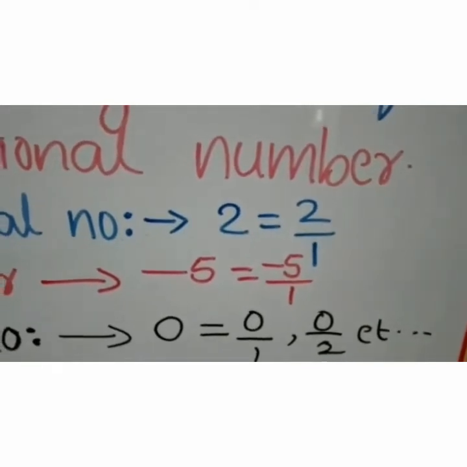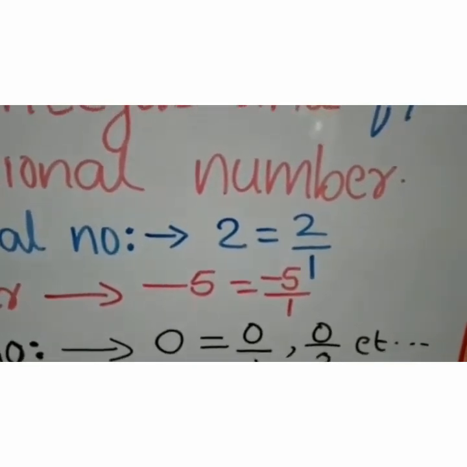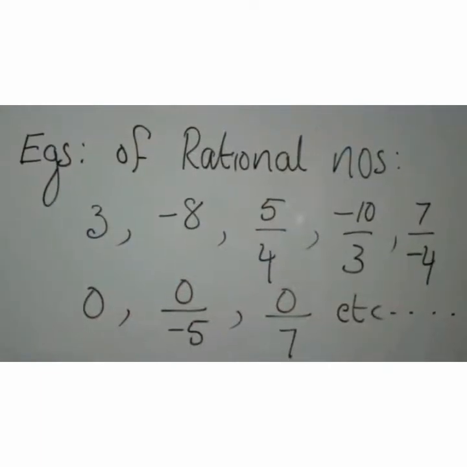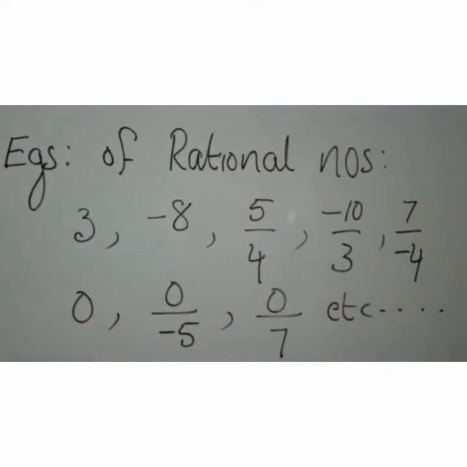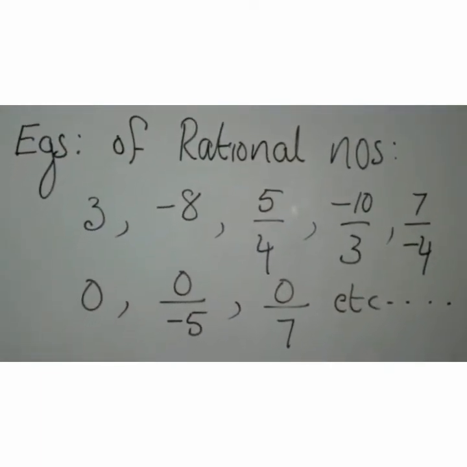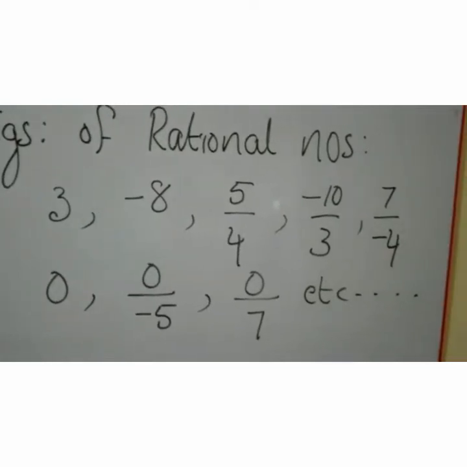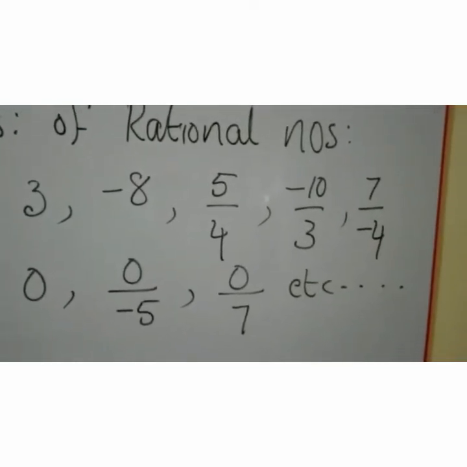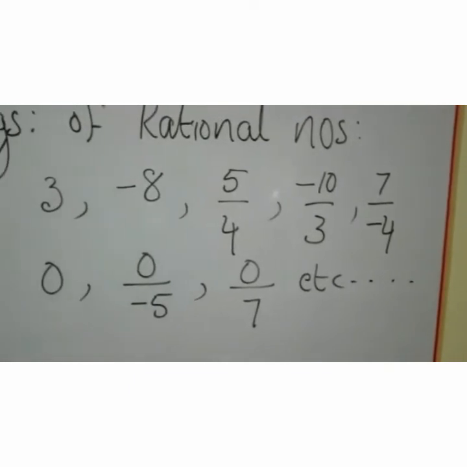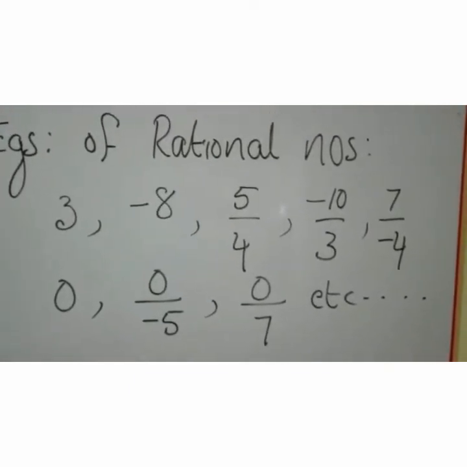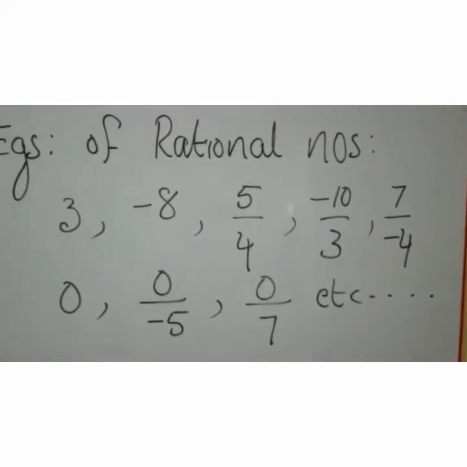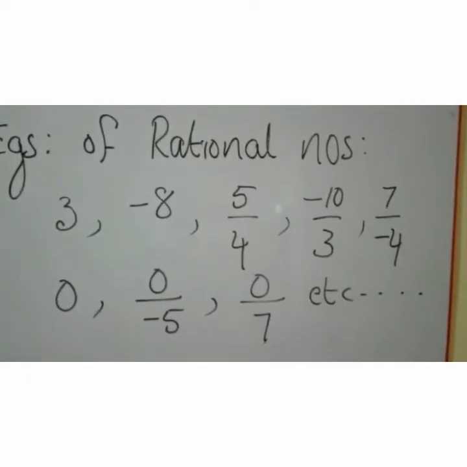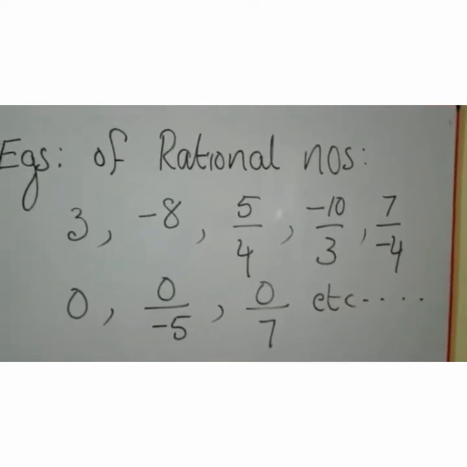Therefore 0 is also a rational number. See the examples again. 3, negative 8, 5 by 4, negative 10 by 3, 7 by negative 4, 0, 0 by negative 1, 0 by 7, etc. All these are under the category of rational numbers.